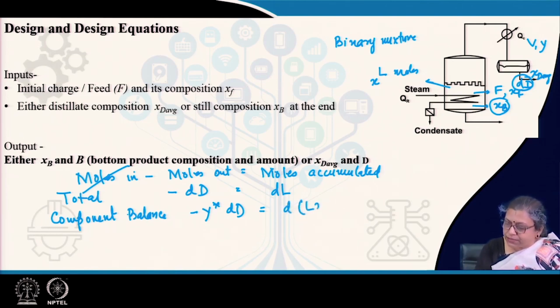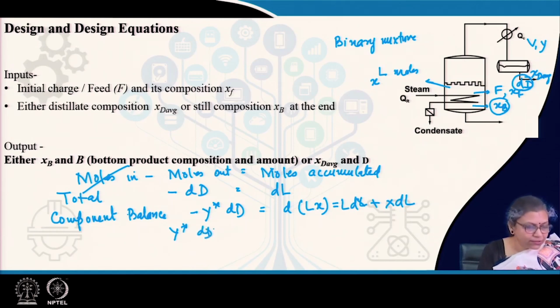It is naturally d of the amount which is there, which is nothing but, sorry, L dx plus x dL. So, therefore, y star dD is naturally equal to L dx plus x dL.